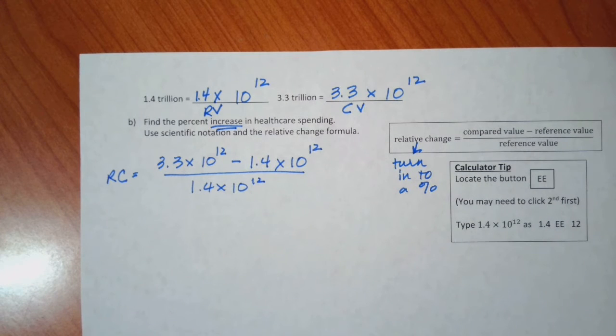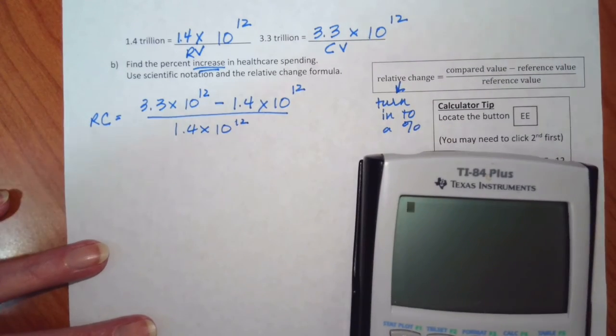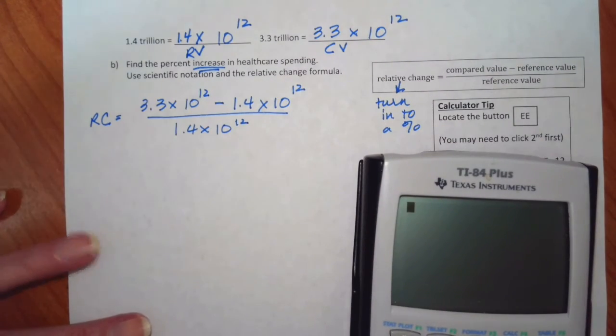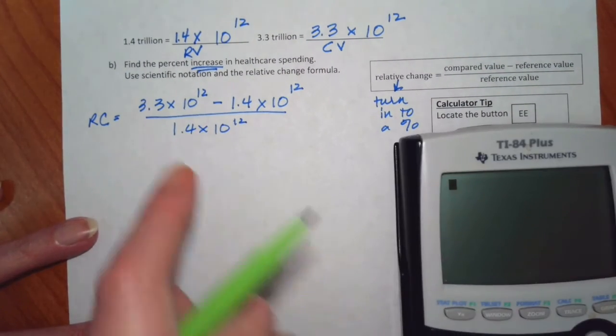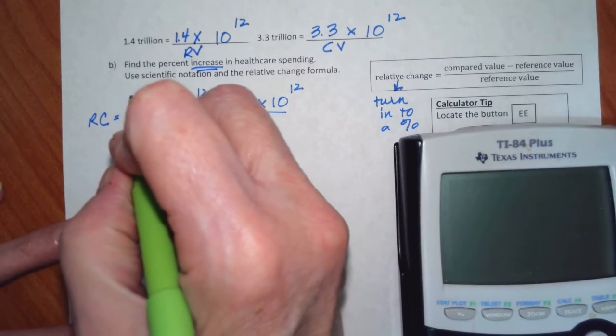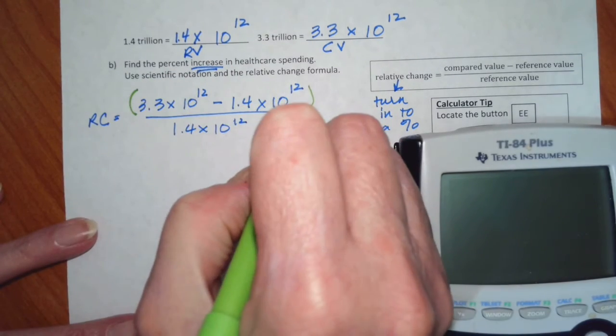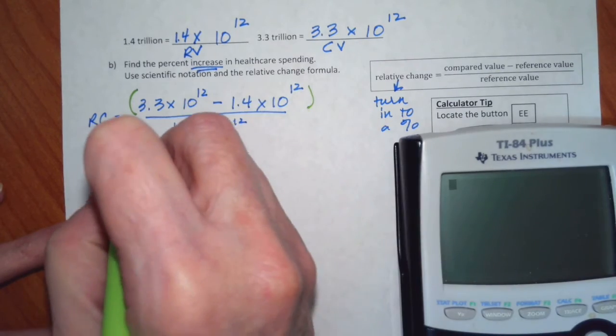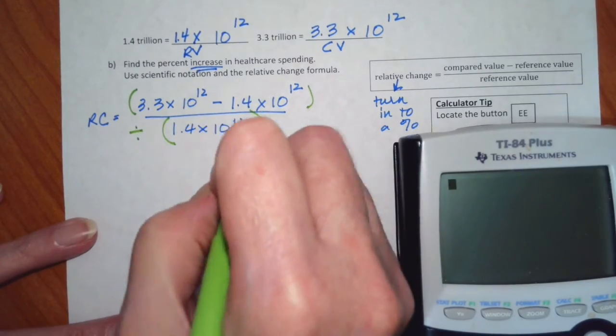Now in your calculator, it's going to be different for all of them. I normally use a graphing calculator. But here's what I'm going to do. I'm going to show you exactly how I would do this if I had another calculator. Remember, this fraction bar is like a grouping symbol. That means I need to take all of this divided by all of this.